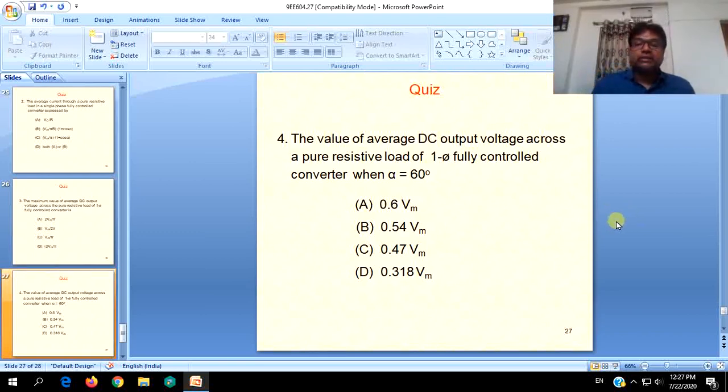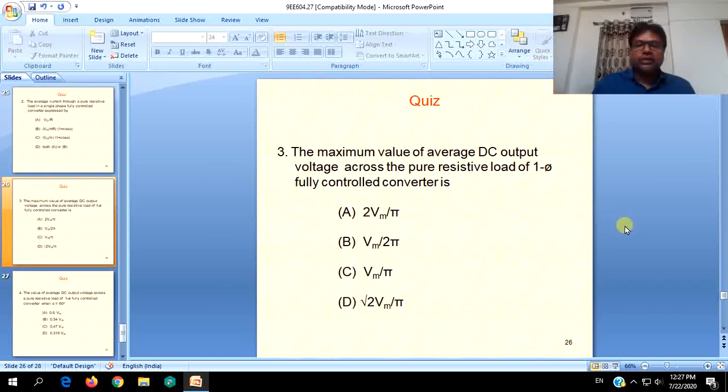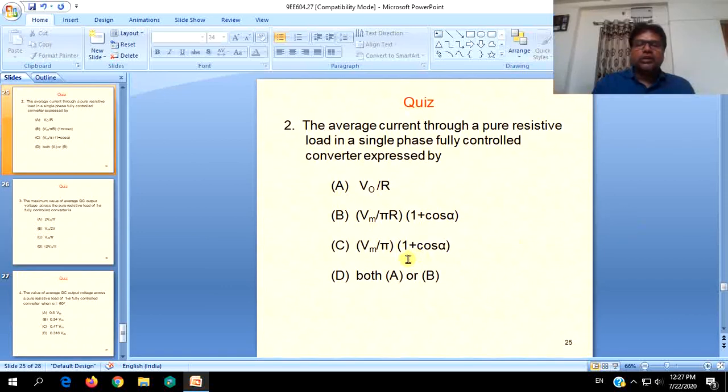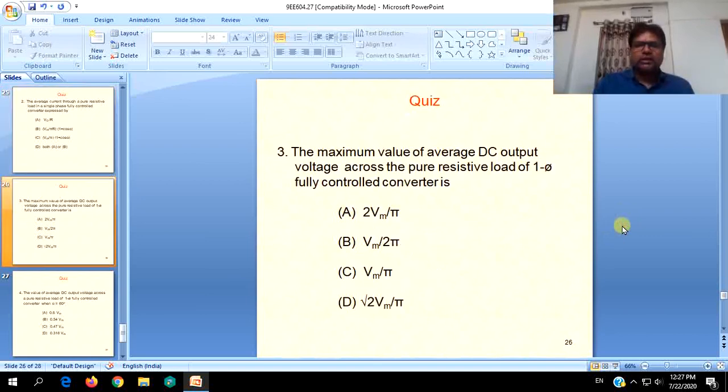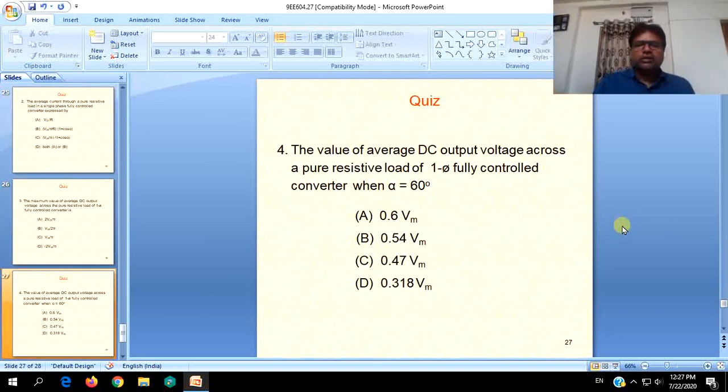So it should be 1.5 Vm by pi, which comes to around 0.54 Vm, almost half.